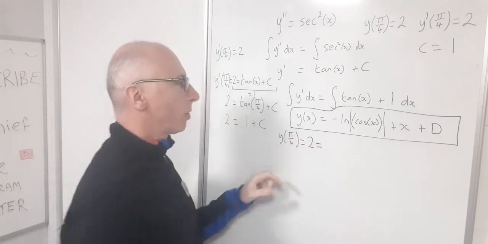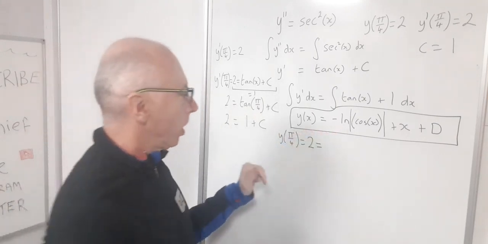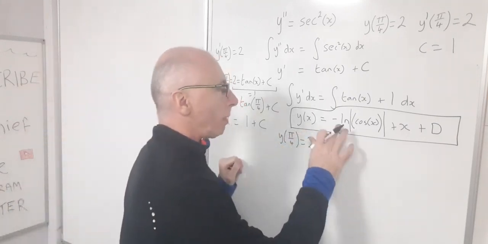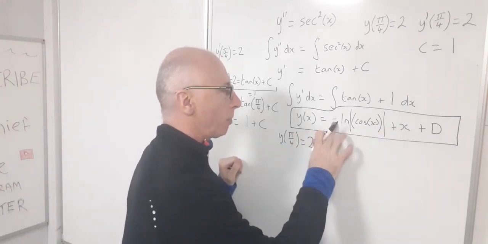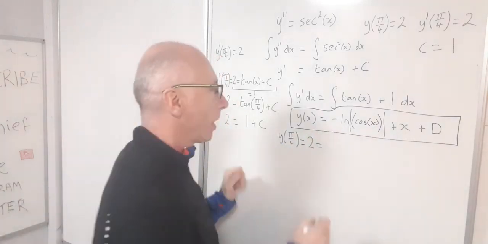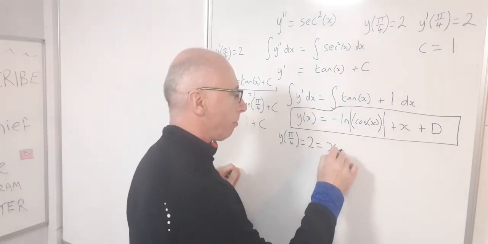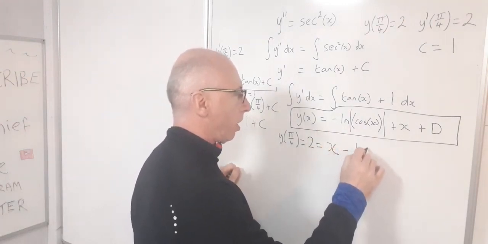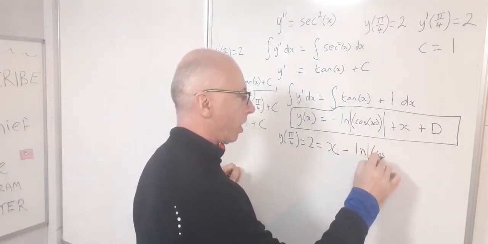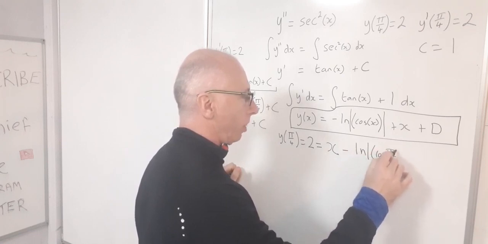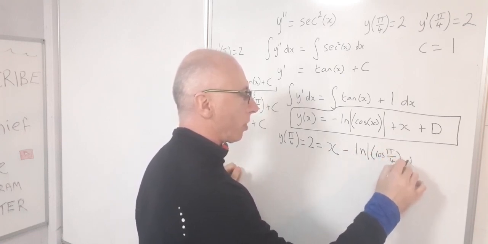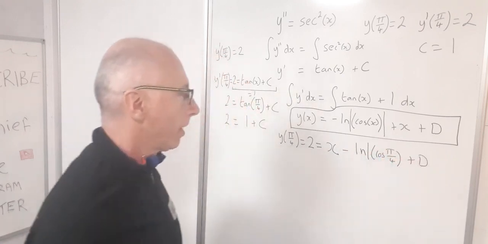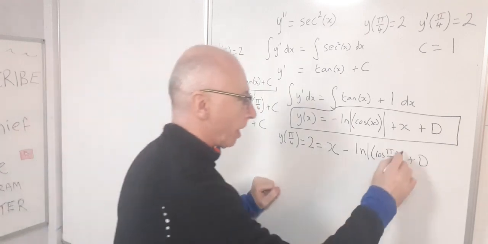So that equals minus natural log. I'm actually going to put my x first. I don't like to put my minus sign straight after my equal sign. So I'm just going to write that as x minus natural log of cosine pi over 4 plus d. Okay, let's put my absolute value in there.